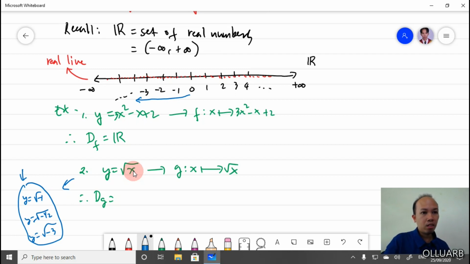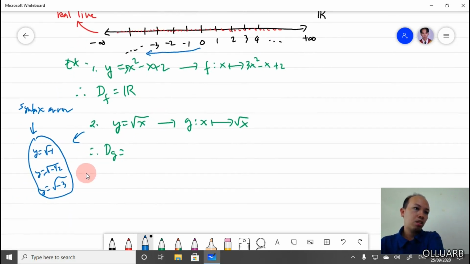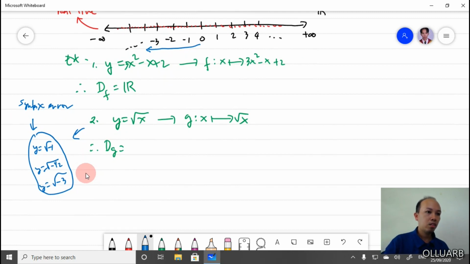In the calculator you will get a syntax error, or you will get an error. You cannot find the square root of a negative number in the calculator, because these things here are undefined. Okay, this is undefined.